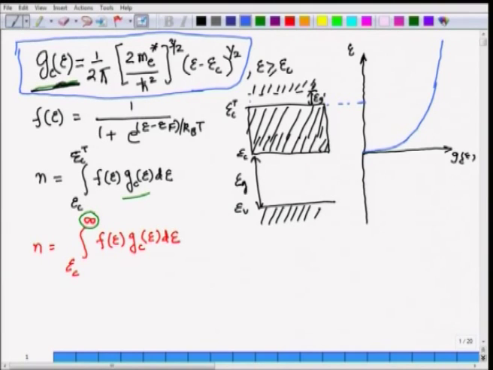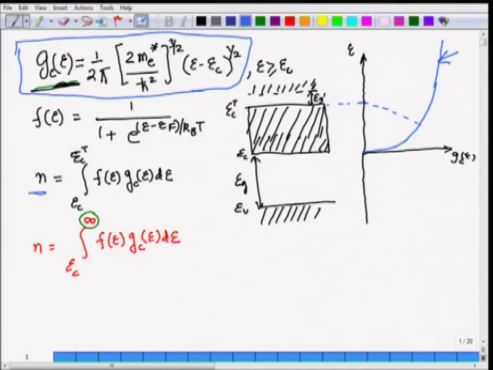So I had mentioned that the actual density of states should be something like this: it goes as a parabola given by this expression somewhere in the middle of the band, then it should reduce and become 0 by the time it reaches the top of the band. Yet in here, when calculating n, I am going to use this blue curve, which corresponds to this expression right here. How can I do that when the actual density of states goes something like this and then reduces like this?